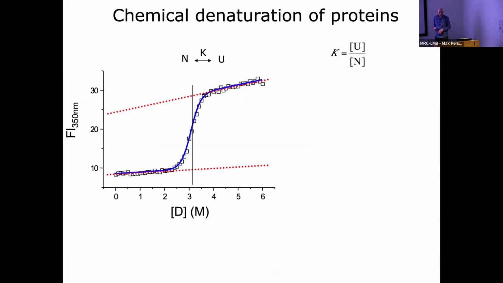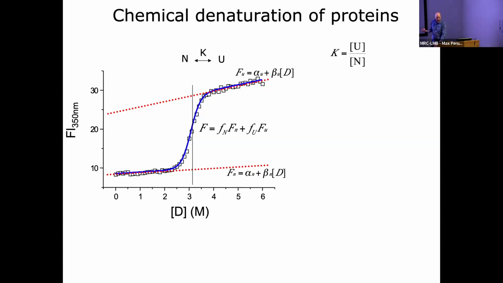We're just going to go through how we would actually fit this data. Don't worry about the details. So we've got an equilibrium, and we've got two baselines here. We've got a native baseline of fluorescence, and just a linear function for the unfolded. And so in the middle, the fluorescence depends upon the fraction that's folded and the fraction that's unfolded, given what the native and the unfolded fluorescence is.